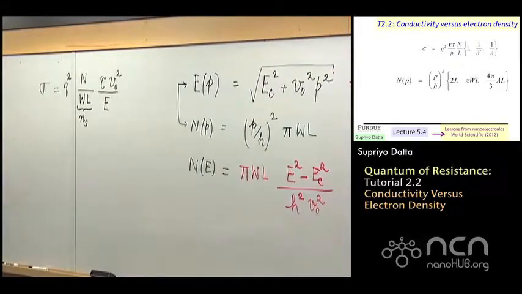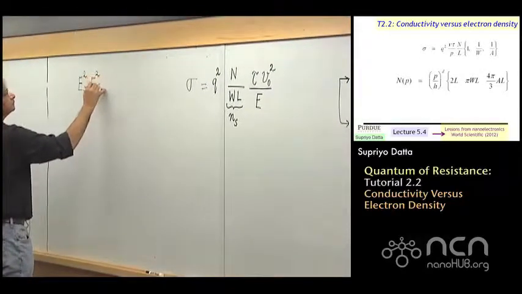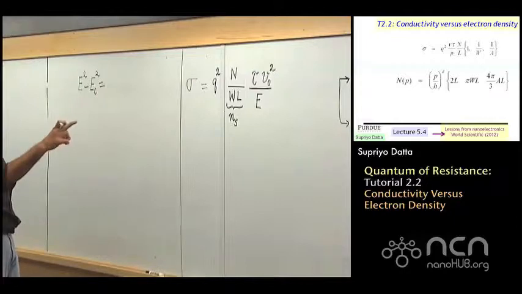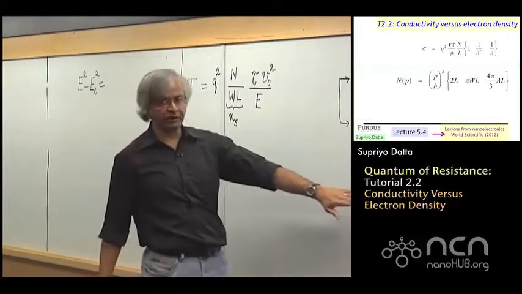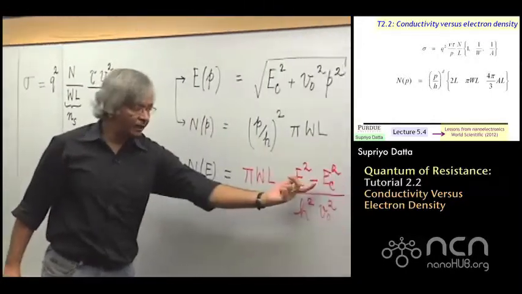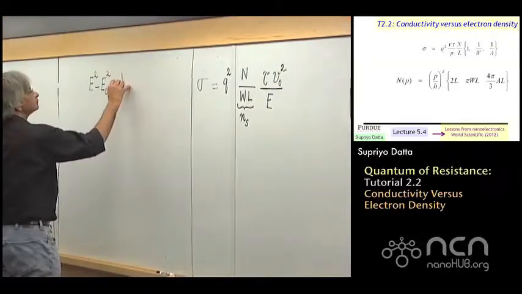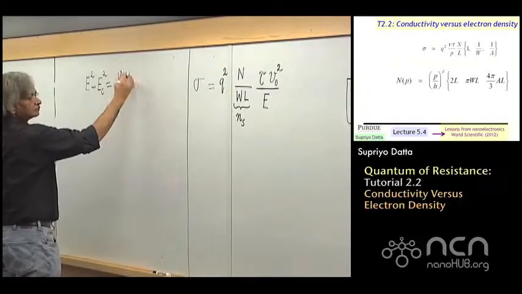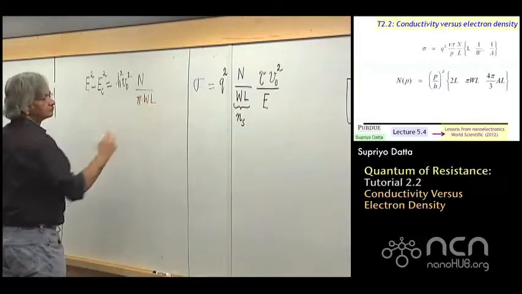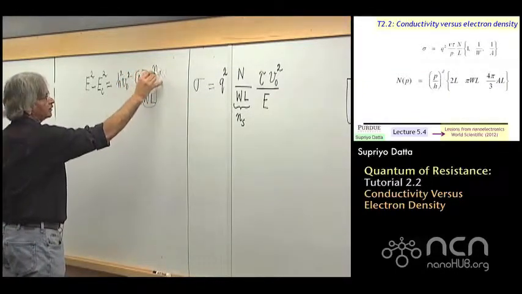Starting from that expression for n that we had here, I am writing E square minus EC square in terms of the n, and this is, of course, what we are calling the electron density.